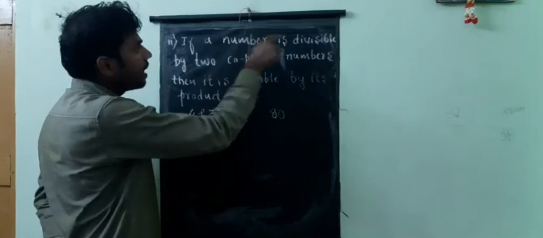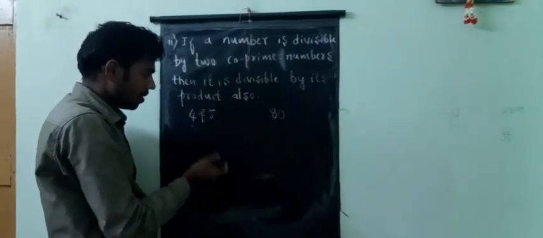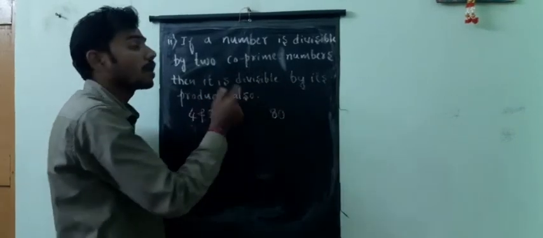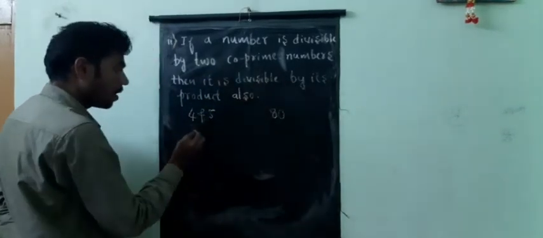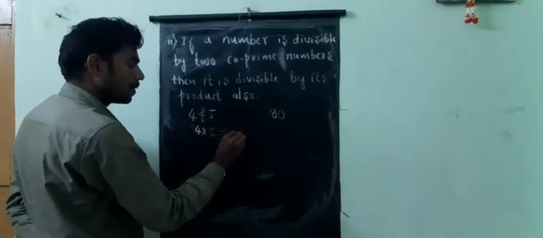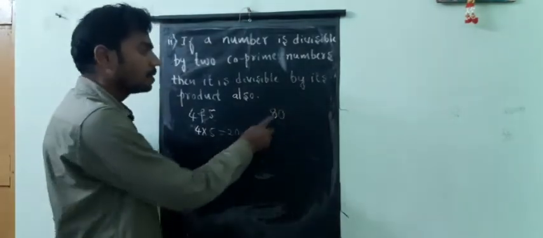So what does it state? If a number is divisible by two co-prime numbers, then it is divisible by its product also. Means, what is the product of 4 and 5? 4 into 5, that is 20. So this number will also divide 80. 4 twenties are 80.